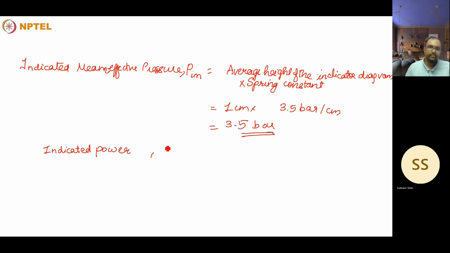Indicated power P is equal to p_im multiplied by the stroke volume, that will be given as length into area into number of cylinders divided by 60,000.